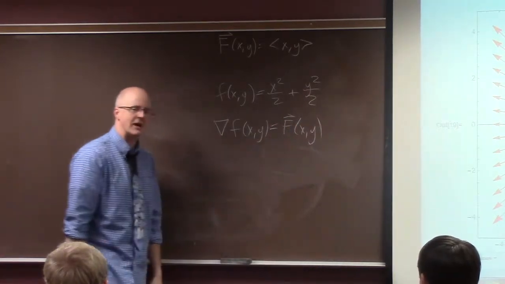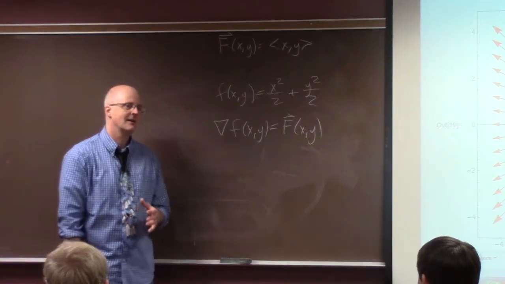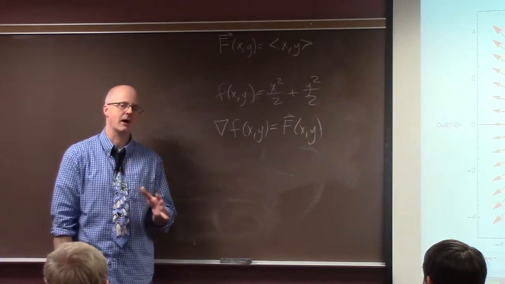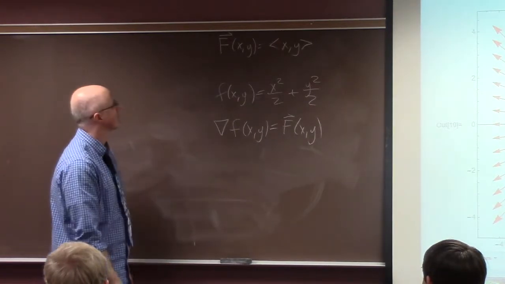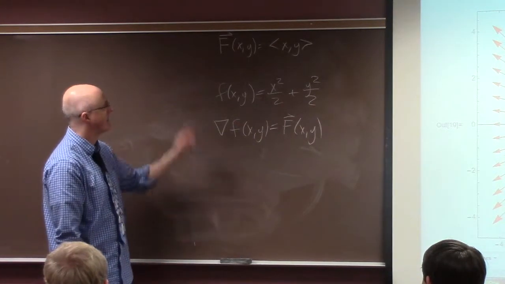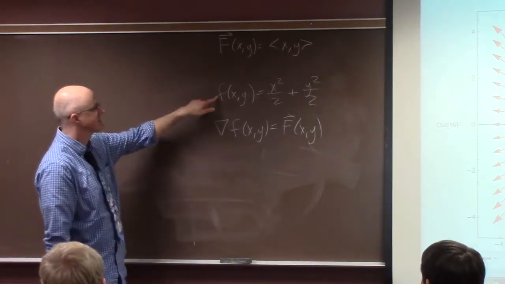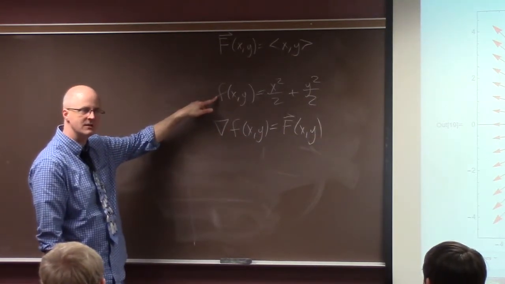In such a situation, there's some terminology that's a little strange for a math course, but it comes about because of physics. In such a situation, the vector field is called a conservative vector field, and this function is called a potential function.